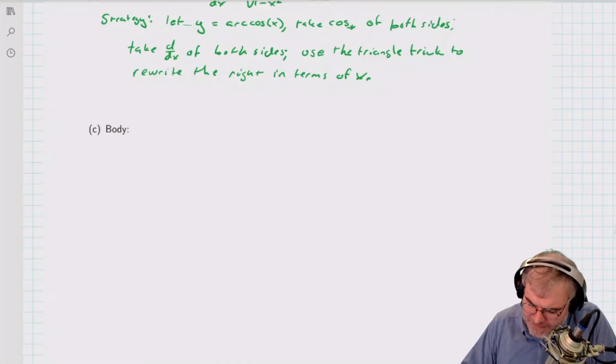So the body. I'm going to say let y equal arc cosine of x.